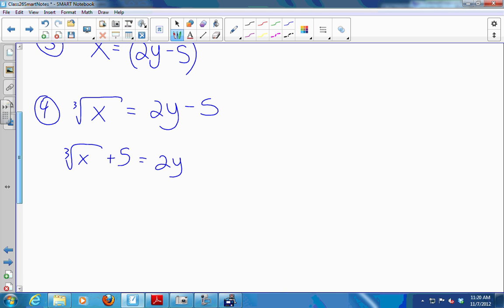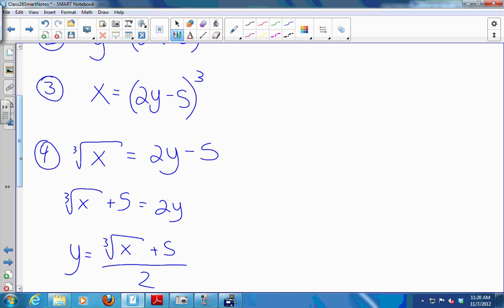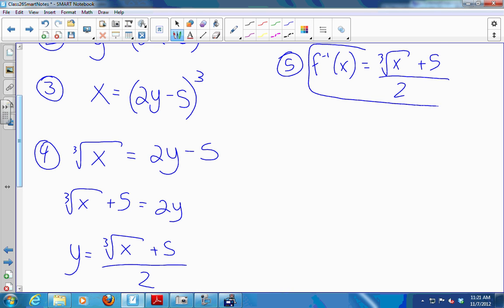And then divide by 2. So I end up with y equals (the cube root of x plus 5) over 2. Step 5 was replace y with an f inverse of x. And that's your answer. That is the inverse function.